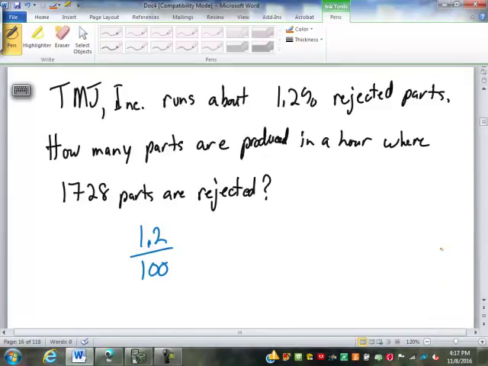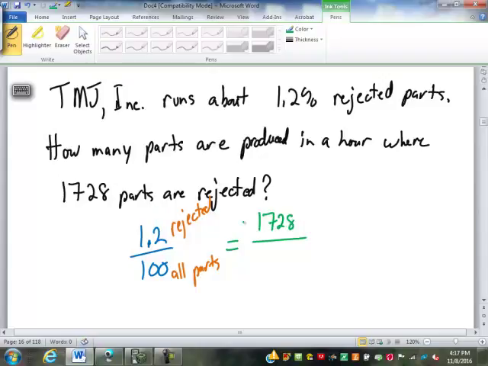So we have 1.2%. That is 1.2 over 100. And the 1.2 represents rejected parts. So 100% must represent all parts. So we want to know how many parts are produced in an hour where 1,728 are rejected. Well, that's rejected, the 1,728.